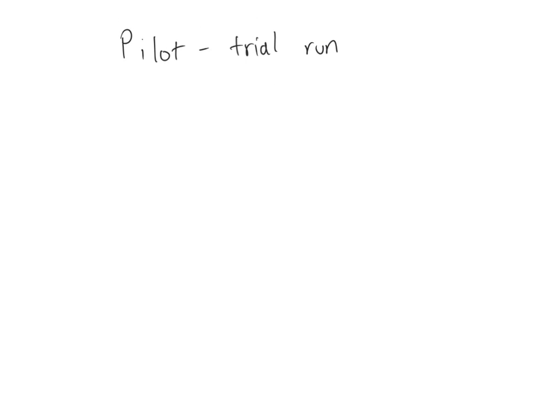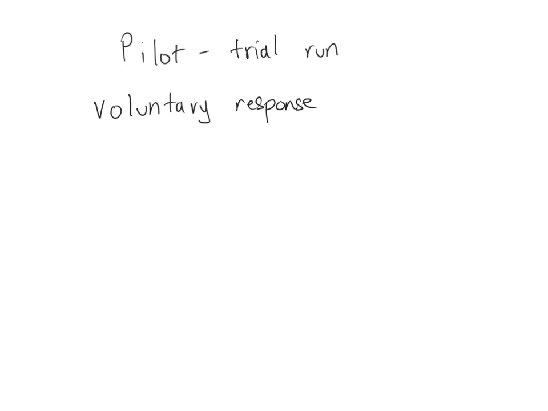And from there, with a survey, we have different types of surveys. So let's say voluntary response. Voluntary response is people ask questions, and whoever answers the questions, they answer, right? So anyone who answers.